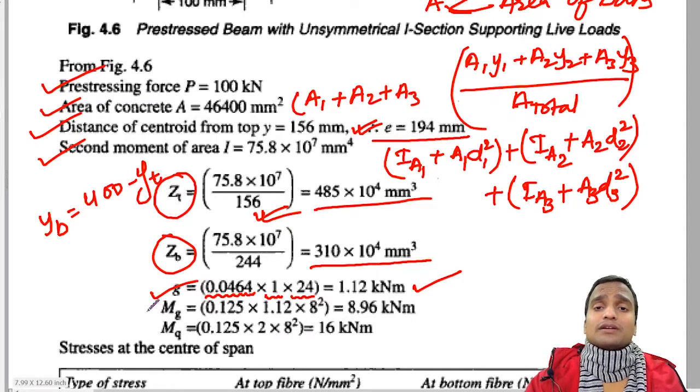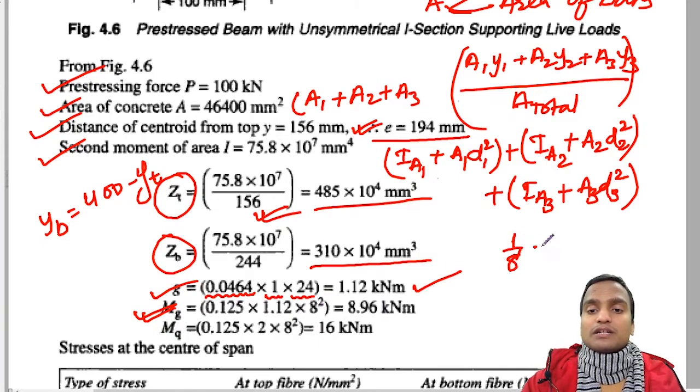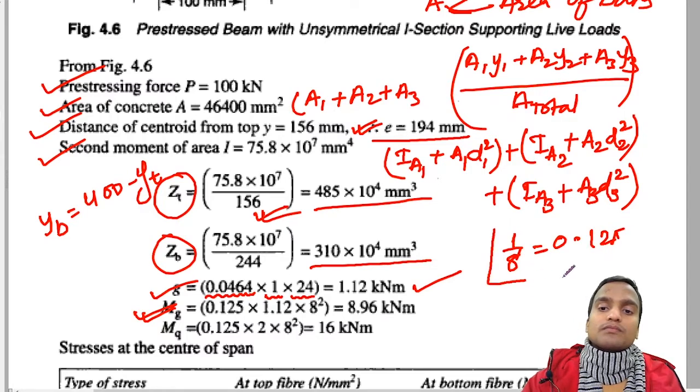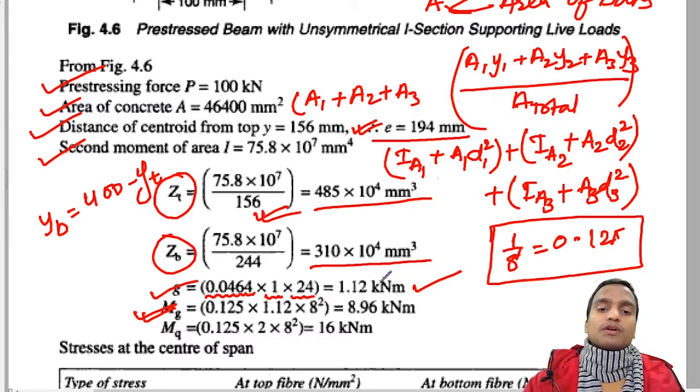And moment at the mid span due to this self weight, Mg, is 1 by 8 WL square. 1 by 8 can also be written as 0.125. So the same thing is written here, 1 by 8 into W, which is 1.12 kilonewton per meter, into L square, where L is the span length, 8 meter. So moment due to self weight is calculated.